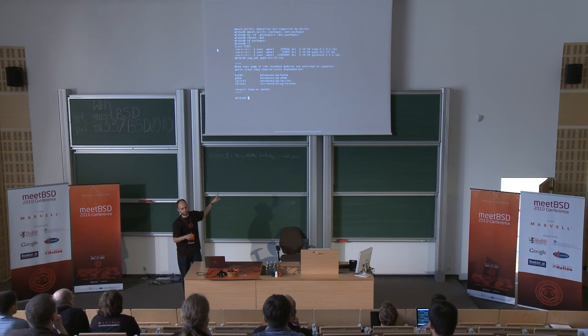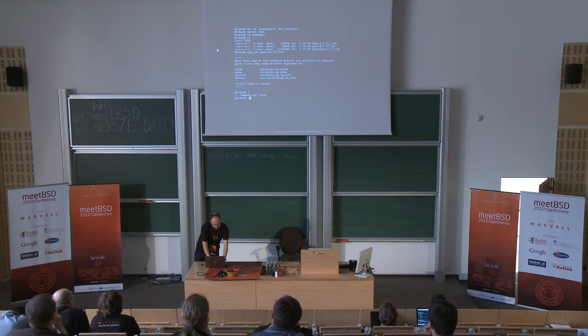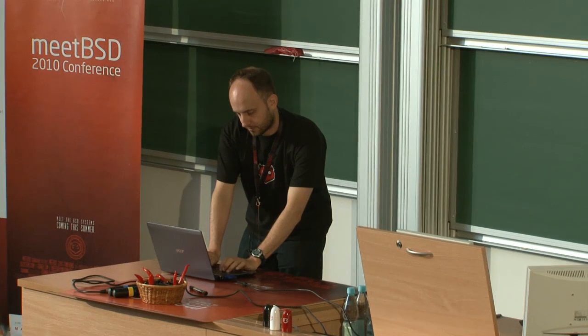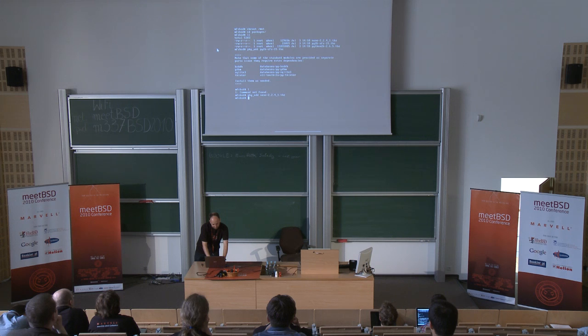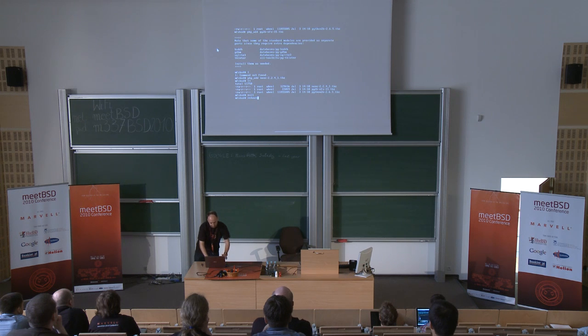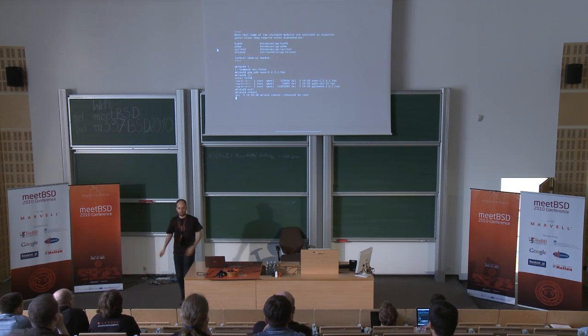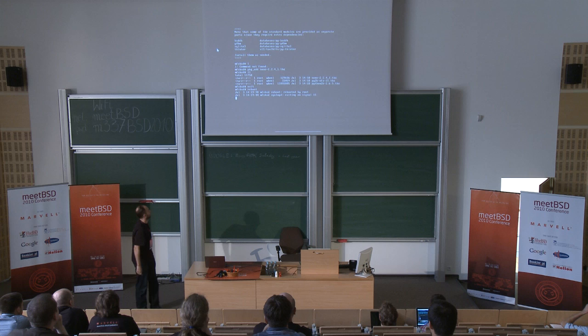There is nothing configured. It's like a very clean install of FreeBSD. And there is no root password set, so let's boot without it. Let's leave the chroot and just do a reboot. The system will now be booting from the hard drives.